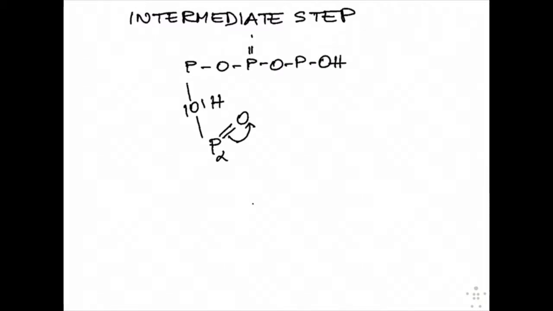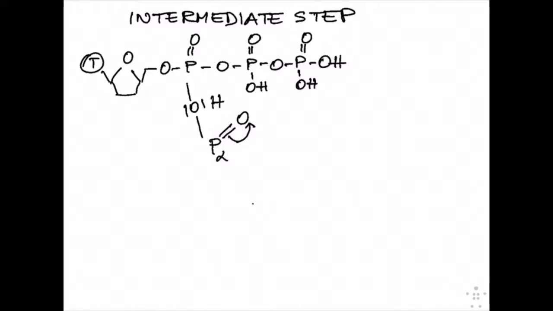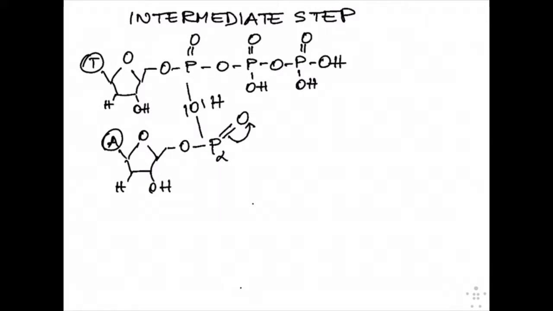These have one up here, a hydroxyl group below like I showed you before, and there's an oxygen here, and I'm just going to put a thymine here to make things easier, and a hydroxyl group here, and this one is also connected to another deoxyribose, but this carbon 1 has adenine instead of thymine.